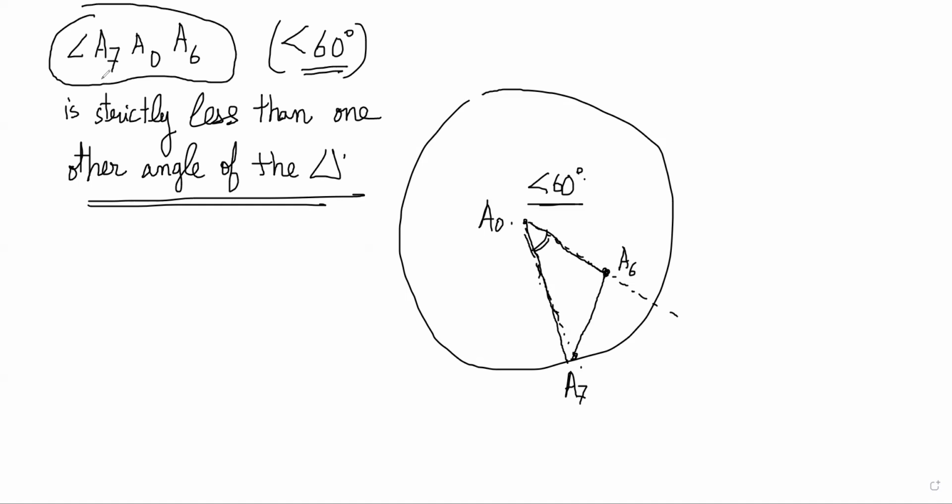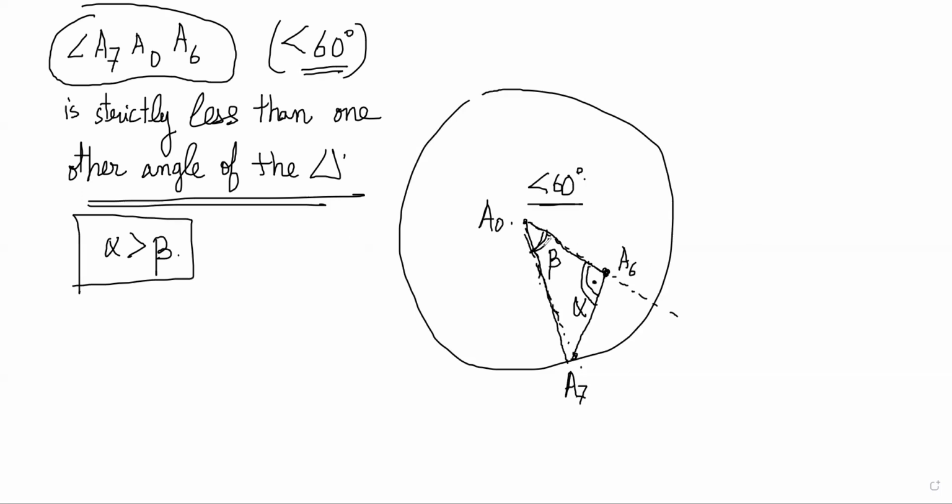So there is some other angle, for example, this angle, which is bigger than this angle, right? So we are saying alpha here and beta here. We know that alpha is bigger than beta. And there is guaranteed to be one angle in the triangle which is bigger than beta, right?